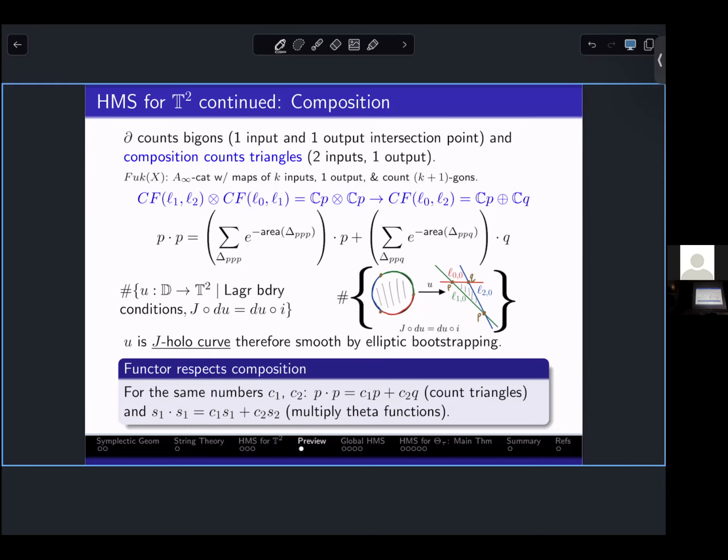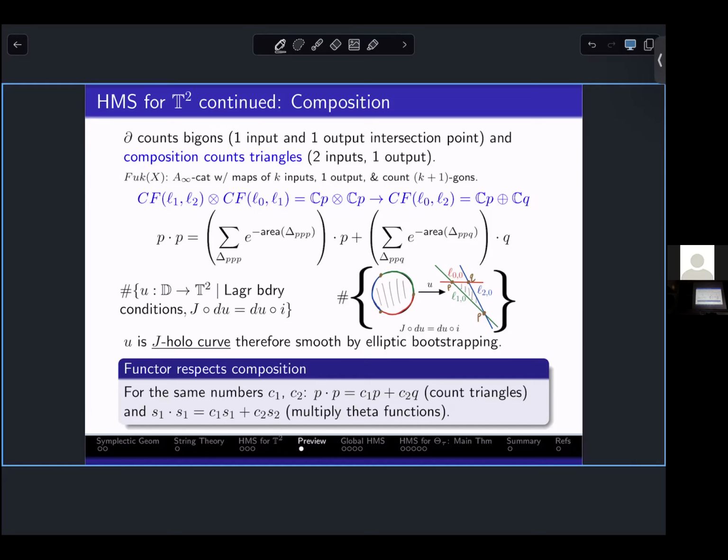So looking at composition, composing a map from L0 to L1, Lagrangian 0 to Lagrangian 1, and Lagrangian 1 to Lagrangian 2, the output is from L0 to L2. For L0 and L1, remember 1 minus 0 is 1, so there's only one intersection point there. Same for here. It's the same one, P and P. This one had the 2 intersection points, P and Q. So it was the one in the center and then the halfway one.